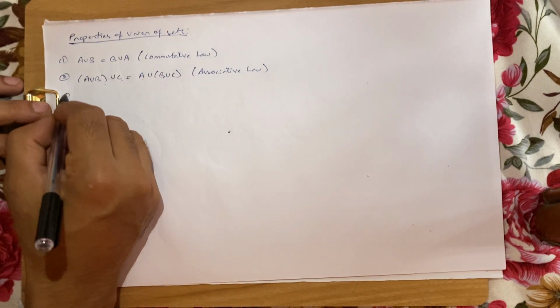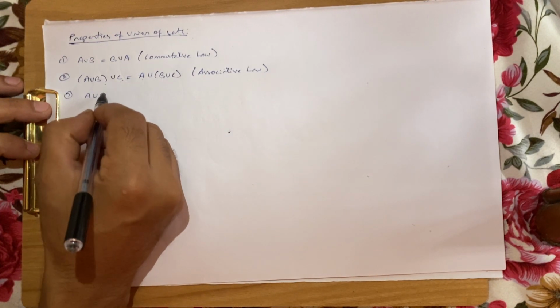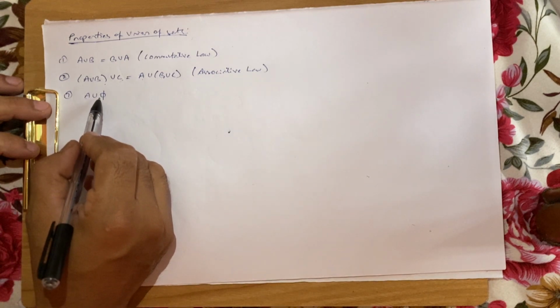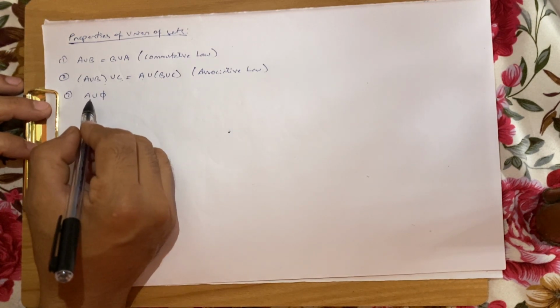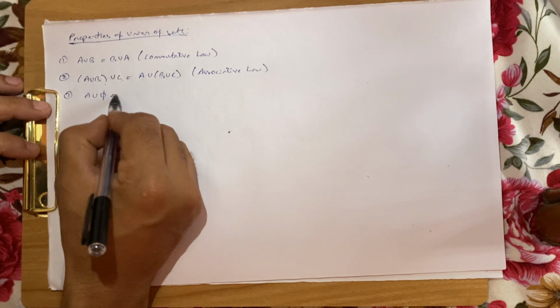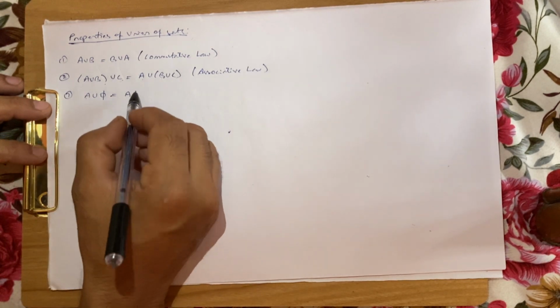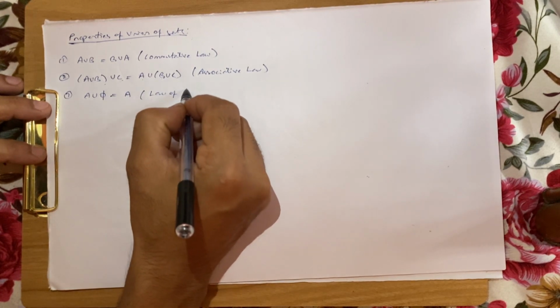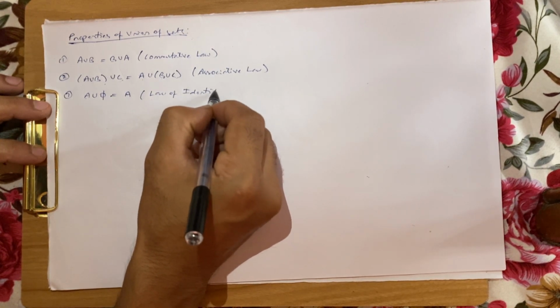The third one is A union phi. Now tell me, A is a set that can have any elements, and there is a phi. Phi means null set. So if you combine a null set with any set, you will get the same set, right? So this is kind of an identity. So this is the law of identity.